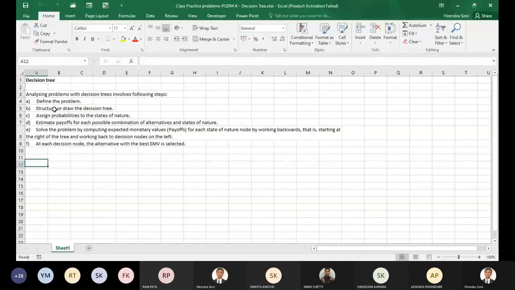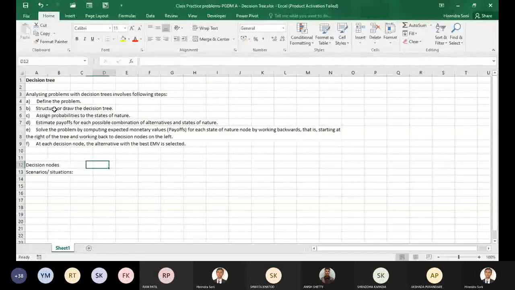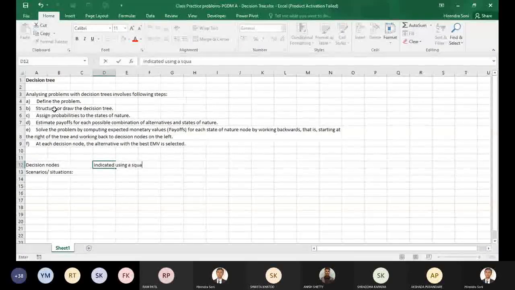Your decision nodes will be indicated using a square box, whereas the situations are indicated using a circle.